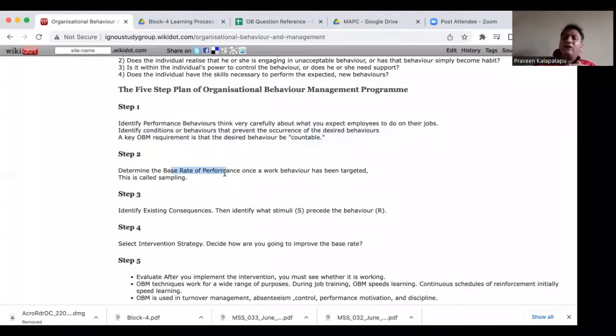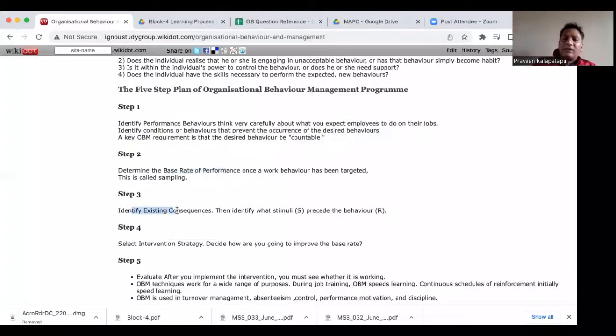Now I need to reduce this to 1 time a week. You can't really make it zero in certain cases, right? So you need to put down a baseline. The current baseline is 3 times a week an employee is missing wearing the tie. So I'm going to make it 1, right?